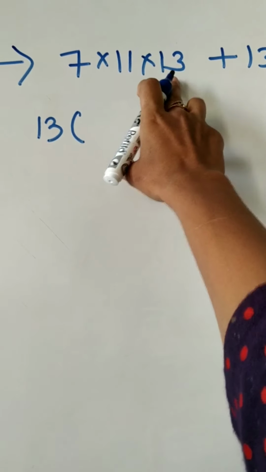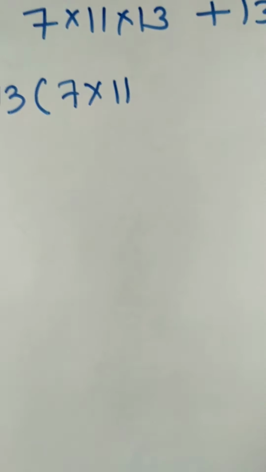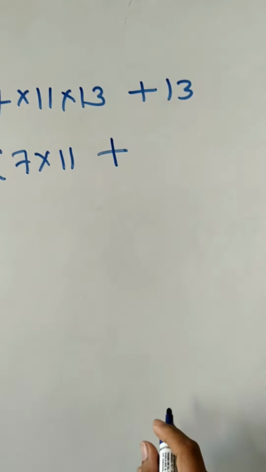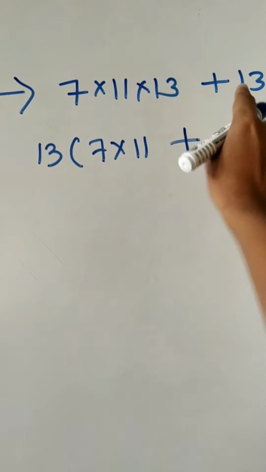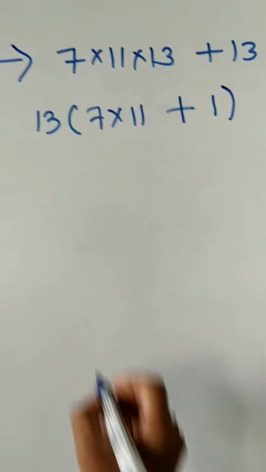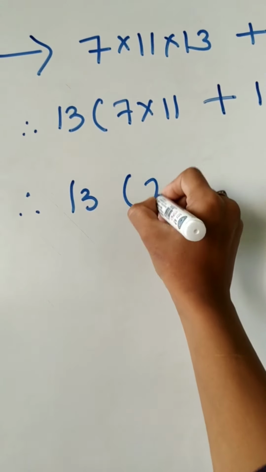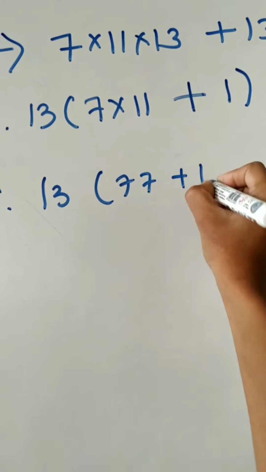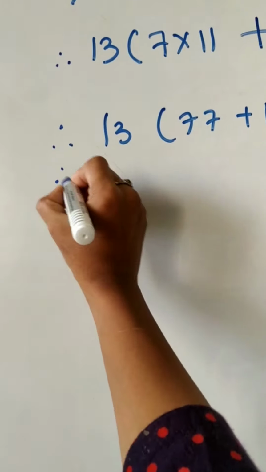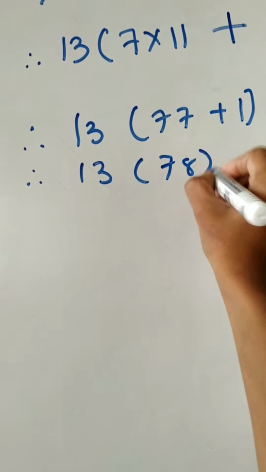If we take 13 common from here, 7 into 11 will remain. The plus will remain as it is, and since we have taken 13 common from there, 1 will remain. Now here is 13 into, 7 into 11 is 77, plus 1. So it is 77 plus 1, which means 78.